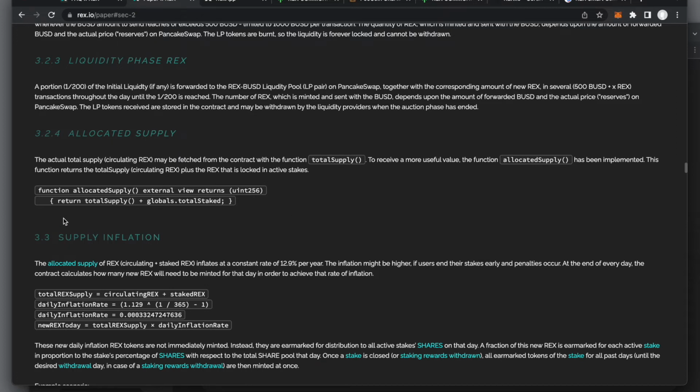I can't show you this right now, so I'm going to save that for another video series. But this is just a little added degree of transparency, so you can always check for yourself what the current supply is of REX.